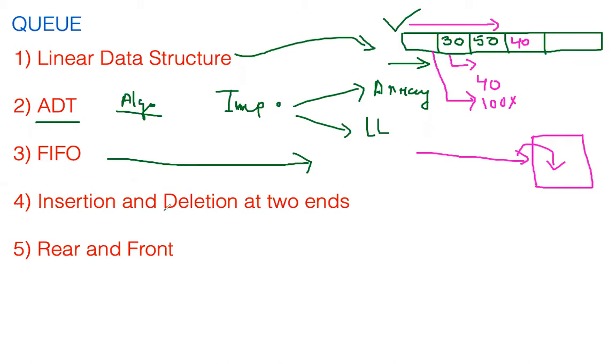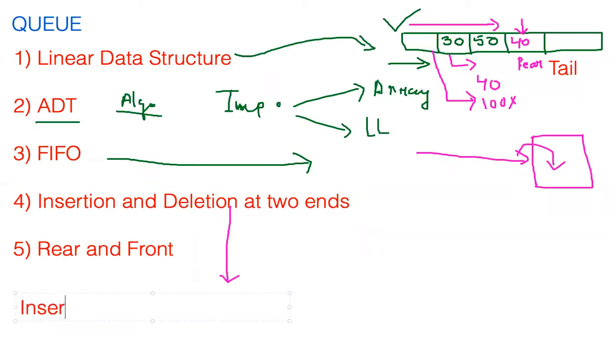The fourth property is that insertion and deletion happen at two ends. In this case, whenever a new element 40 is inserted, it happens at this end, which is known as the rear end, that is the tail. This is the tail of the queue. So insertion happens at the tail. Let me elaborate this part.